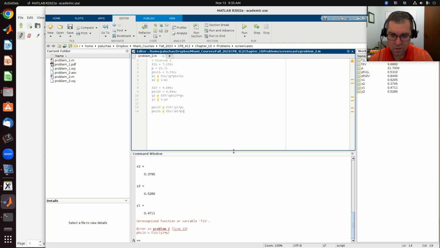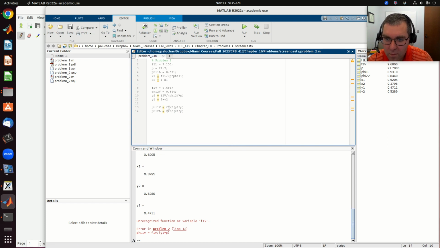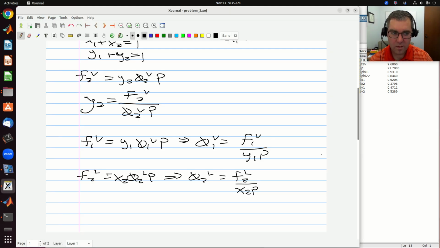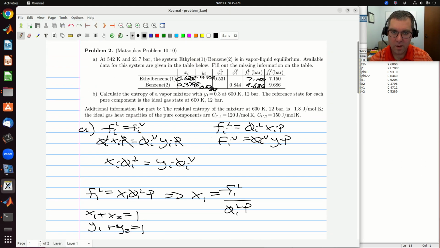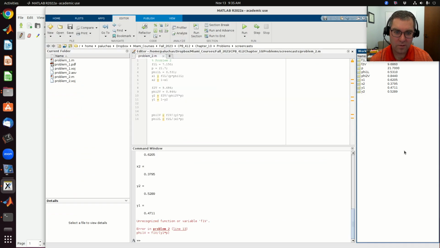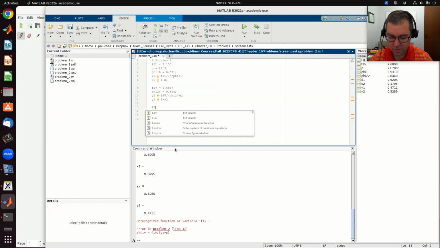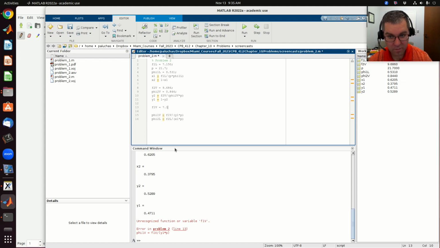So if I run it, f1v, hold on. Did I get this right? I need f1v. f1v was given up here, right? f1v is 7.150. So I never defined f1v equals 7.150. And actually, I'll do f1v is just equal to f1l, and then f2l is equal to f2v. That way I don't have to type them again.